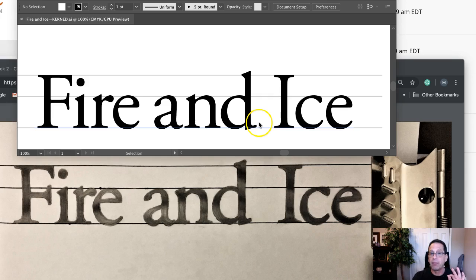We take that a step further in our second trial by fire for Fire and Ice, and we say, all right, now what we want to do is take a look at this phrase right here, and we want to be able to perceive it. We want our viewer to be able to perceive this as one phrase. So the letters in the individual words have to be spaced accordingly so that there are no unusual wide gaps there to stop the expeditious reading and understanding.